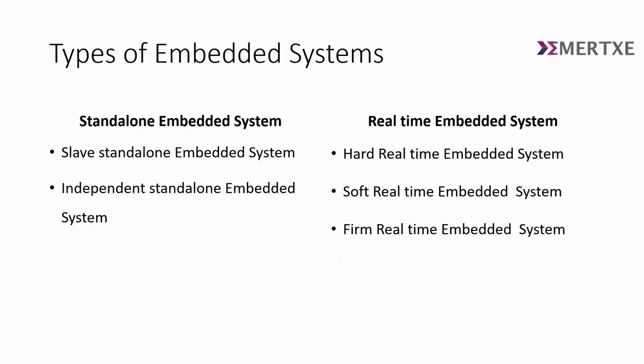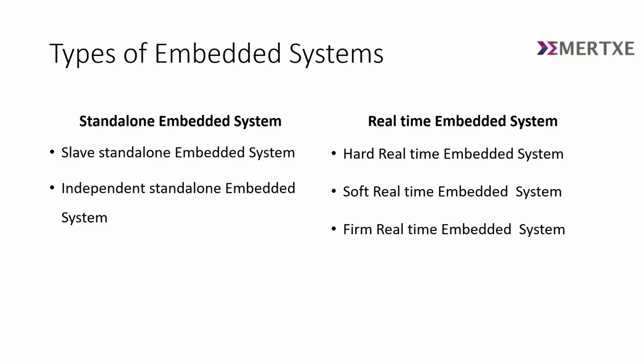There are several types of embedded systems. So we can see here standalone embedded system. In standalone embedded system, there are two types: slave standalone embedded system and independent standalone embedded system. In slave standalone embedded system, it is going to blindly follow the instructions given by the user.